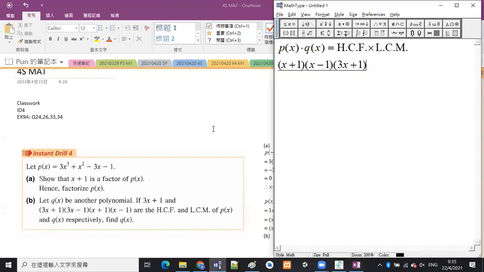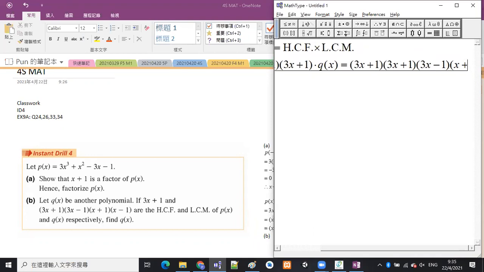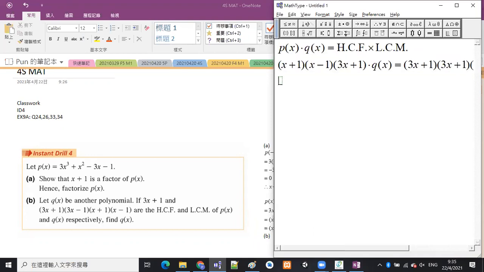This is our P(x), and then times Q(x), the other polynomial that is unknown at this moment. It should be equal to the given HCF, that is 3x plus 1, times the LCM, that is (3x plus 1)(3x minus 1)(x plus 1)(x minus 1).